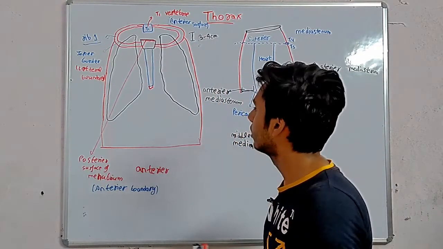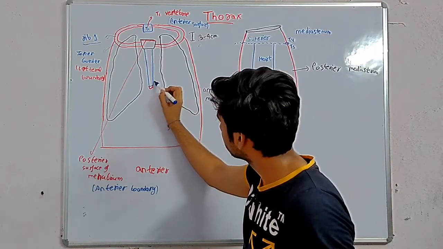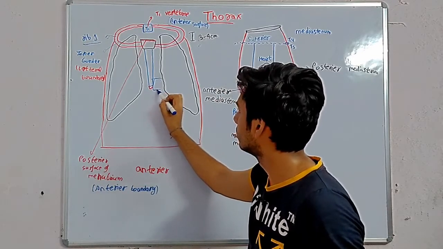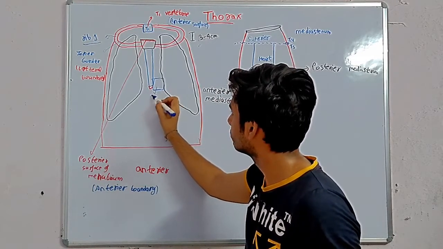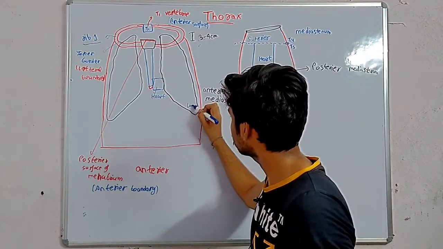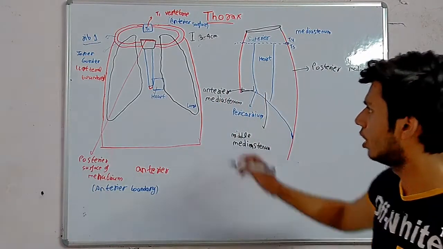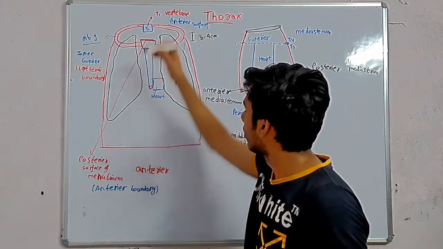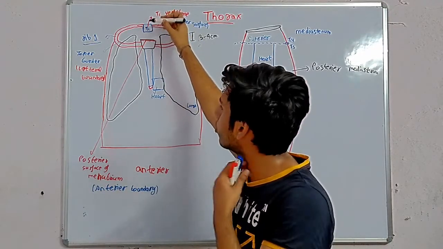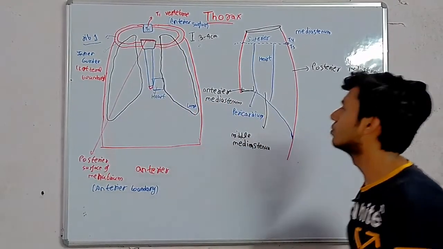Now we know that on the left side there is heart, slightly left. Then this is the heart, and we know the major structures passing through are trachea and esophagus and some nerves.